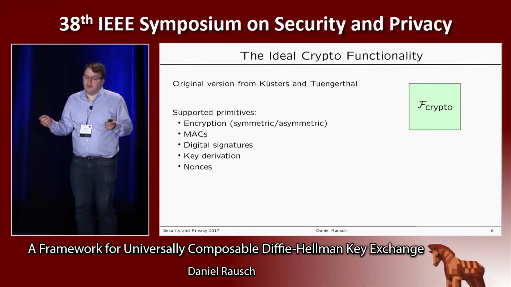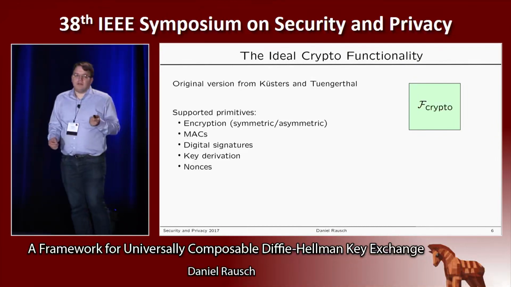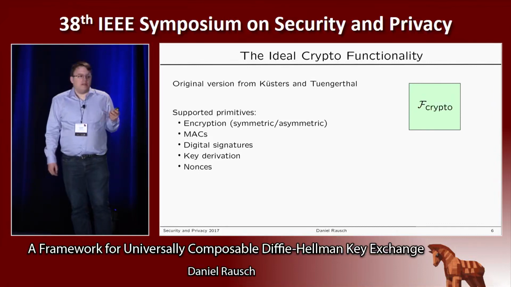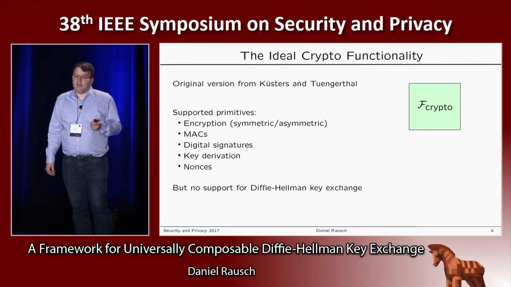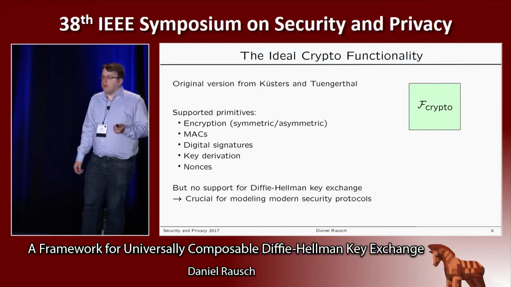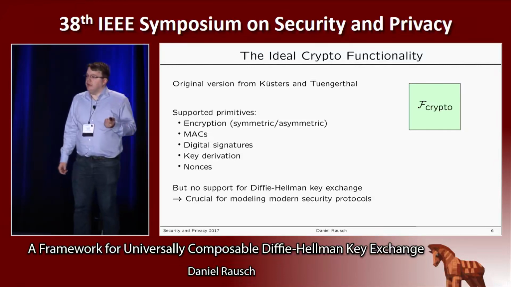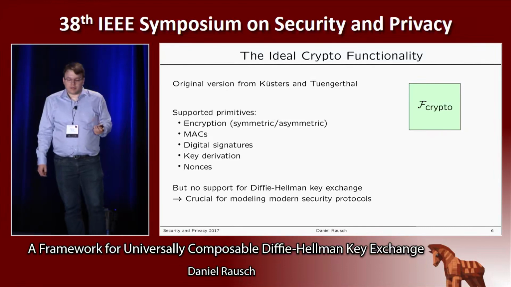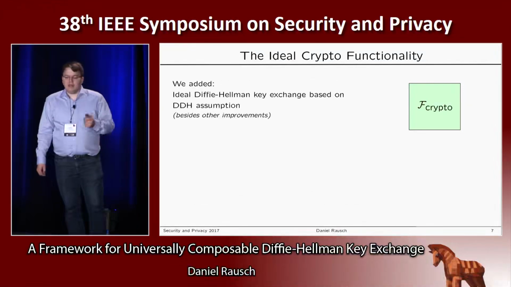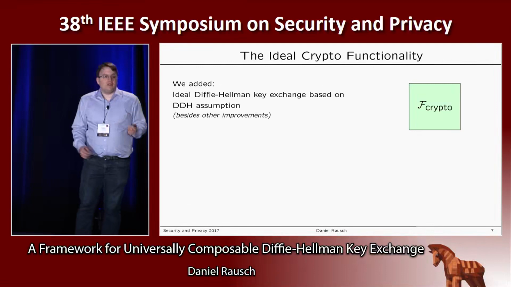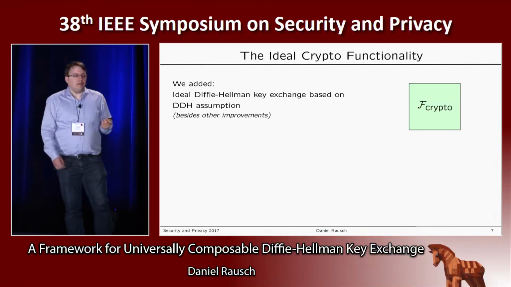However, there was one major shortcoming of Fcrypto, namely it didn't support Diffie-Hellman key exchanges, which are an important building block for many modern cryptographic protocols. So what we did in our work was that we added support for idealized Diffie-Hellman key exchange based on the decisional Diffie-Hellman assumption.